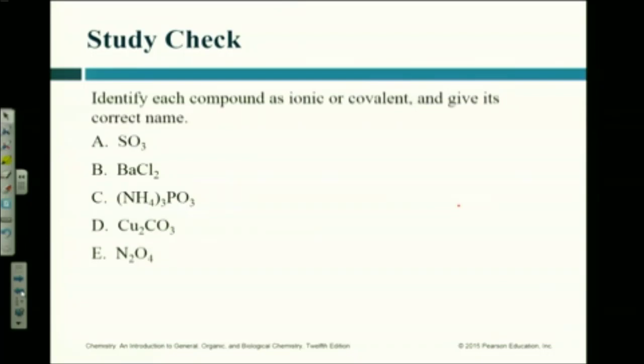They have the same elements, right? Sulfite is SO3, but it has 2 negatives, doesn't it? That does not have a charge on it. So does that make this ionic or covalent? Covalent. It is covalent. And the name is sulfur trioxide.